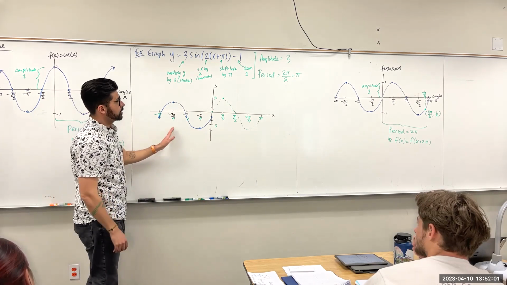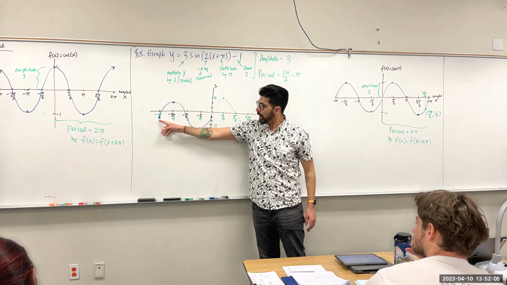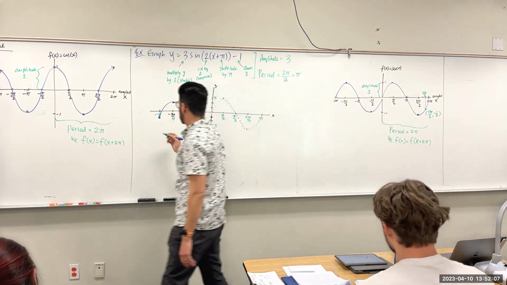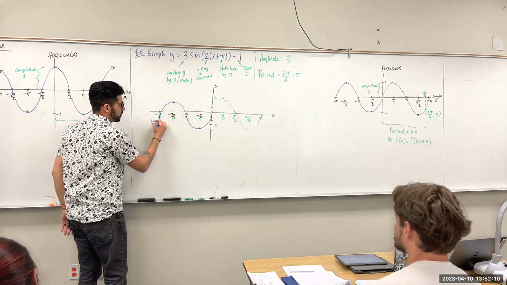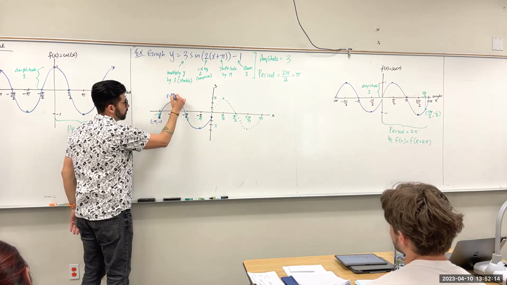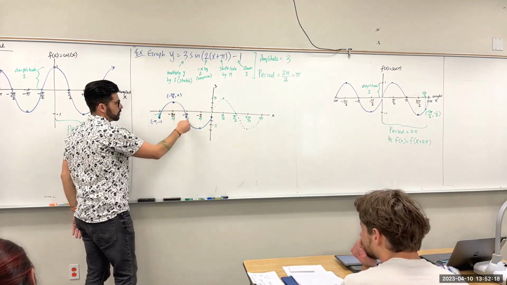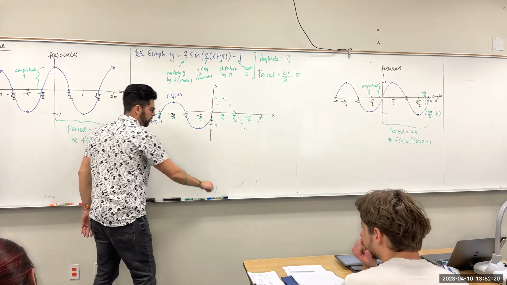Okay, let's just quickly confirm. This is supposed to be at the point pi, -1. You don't have to label it, I'm just going to do it for reference. This is at -3 pi/4, 2. And then so on at -4.